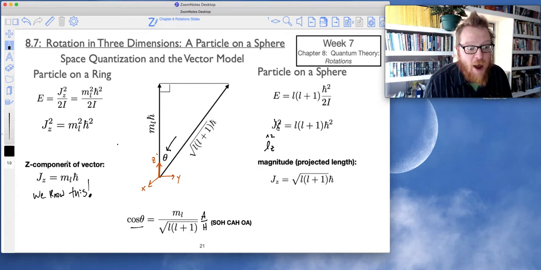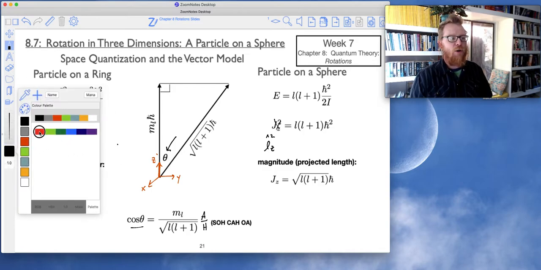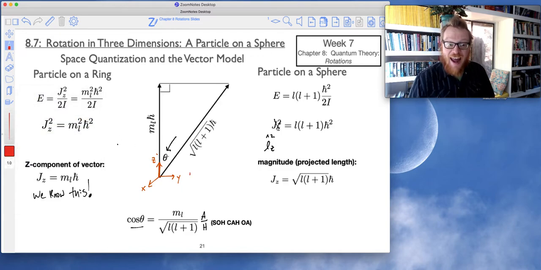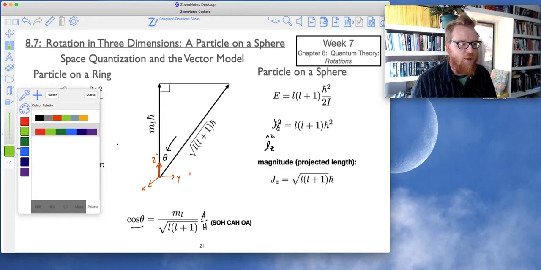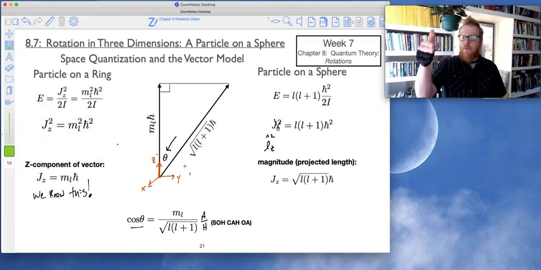We can specify the z component of the vector with no uncertainty whatsoever. And now what we get out of this theta is we learn what that angle is. So back to my same z, y, x coordinate scheme, I'm going to use a different color. What that means now is the way my particle is rotating.